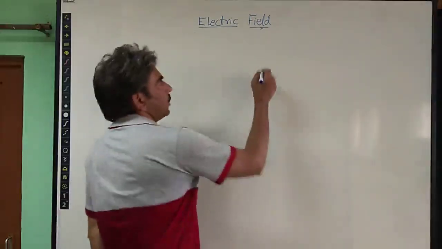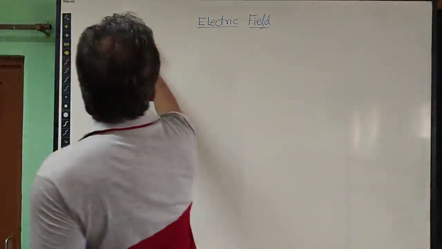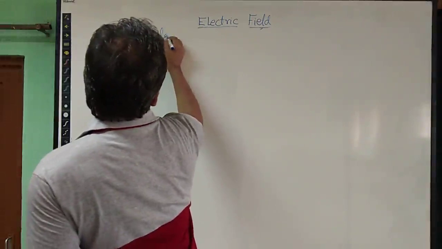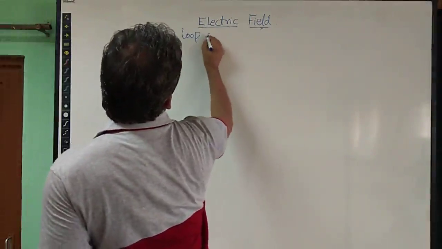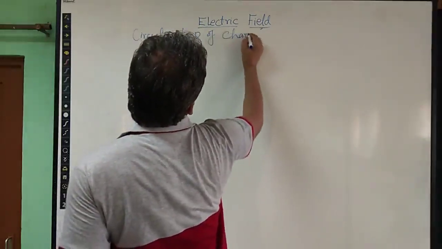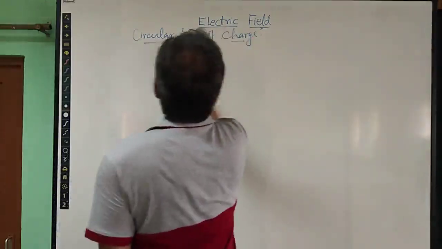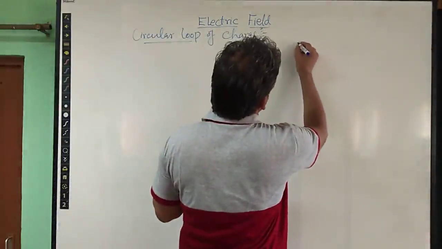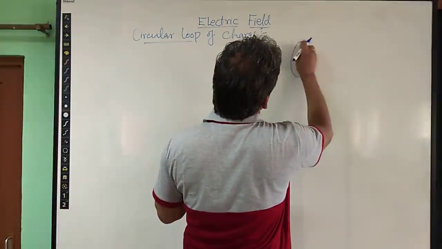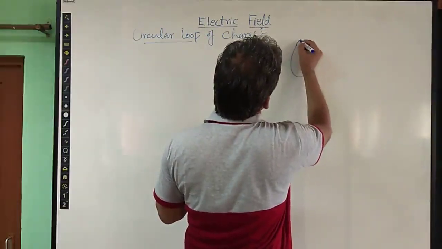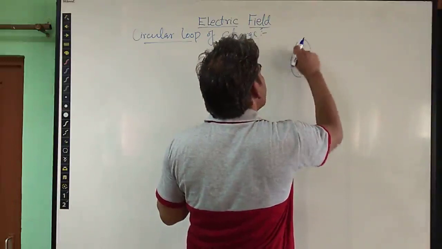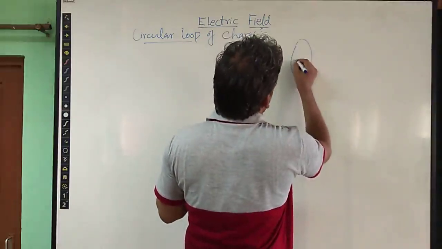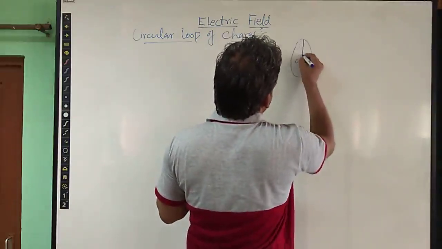So suppose that we have a circular loop of charge, whose center is O and its radius is R.